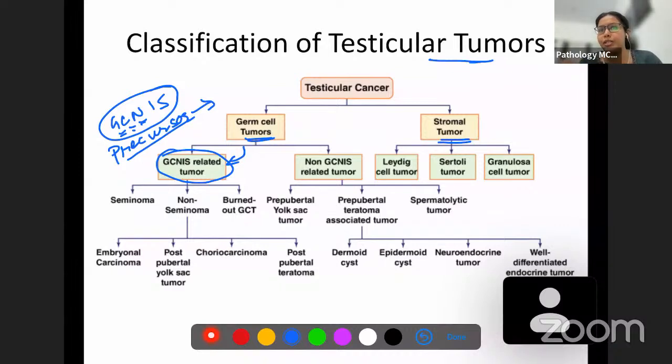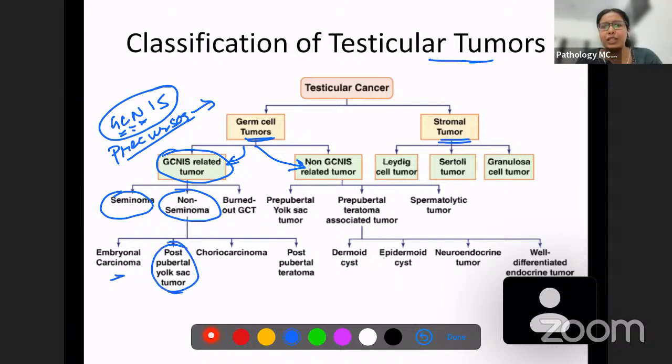Some tumors are related to GCNIS, some tumors are not related. The tumors which are GCNIS related are seminomas. Seminomas are definitely GCNIS related, and there are certain non-seminomatous tumors such as embryonal carcinoma and post-pubertal yolk sac tumor. Why is this specifically mentioned? Post-pubertal yolk sac tumor. The reason is pre-pubertal yolk sac tumors are also germ cell tumors, but they are not related to GCNIS.